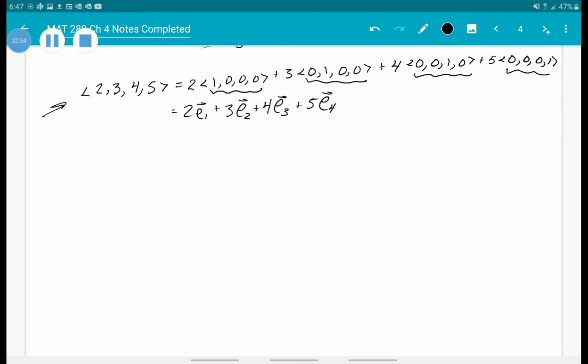So I want to do another example with linear combinations.